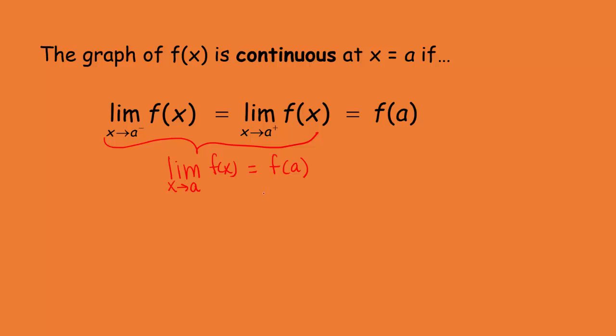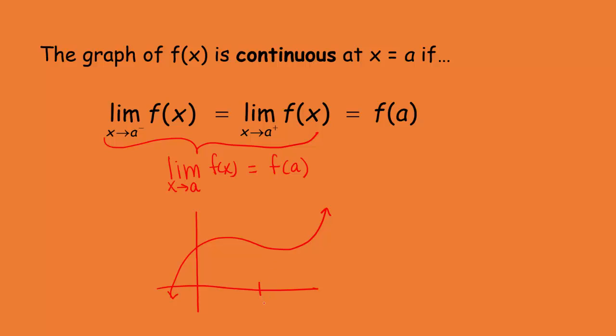There isn't a hole in that graph, there isn't a vertical asymptote in that graph, and we can draw a picture of a graph. If you think of something that's continuous, you probably think of a nice smooth curve, like something you would draw. You wouldn't have to pick up your pencil to draw it. All right, so this looks continuous.